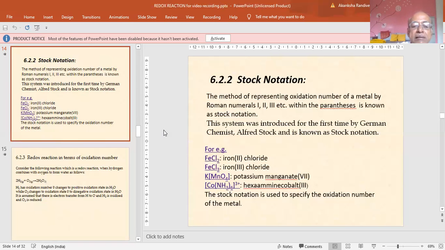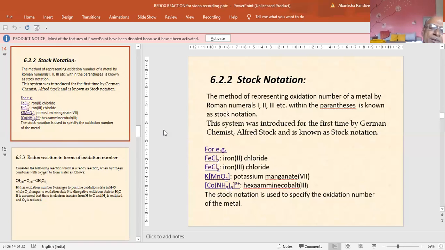So manganese, it is a metal, and its oxidation state will be 7. And therefore, the stock notation for this compound KMnO4 can be written as potassium manganate(VII), that is potassium manganate in bracket 7. This will be the stock notation of KMnO4.